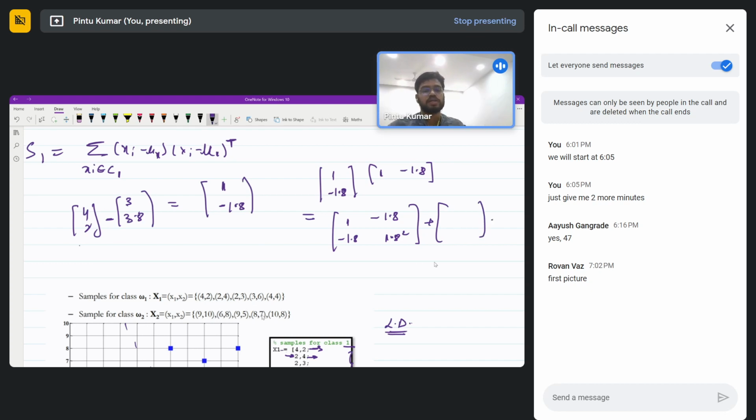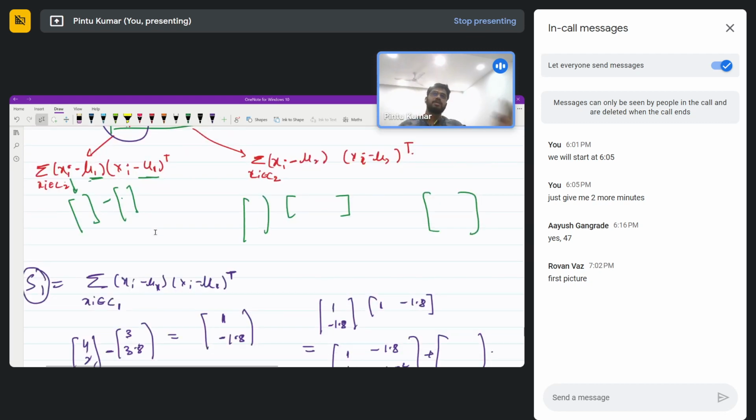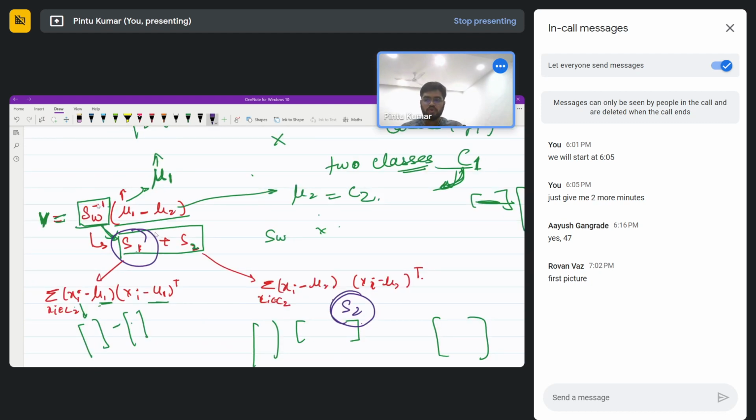For all the data points from class 1, when you sum them up, you will get a matrix called S1. Doing a similar procedure for the second class, you will get a matrix S2. Now, to obtain SW, you sum S1 and S2 and take its inverse. Then you multiply it with the difference in means, and you will get your principal component.